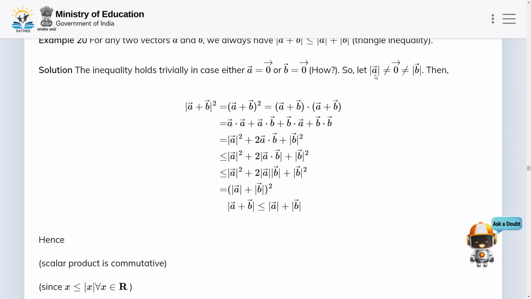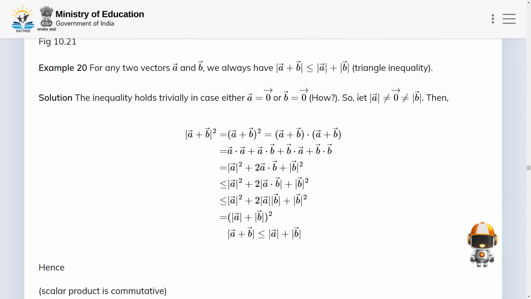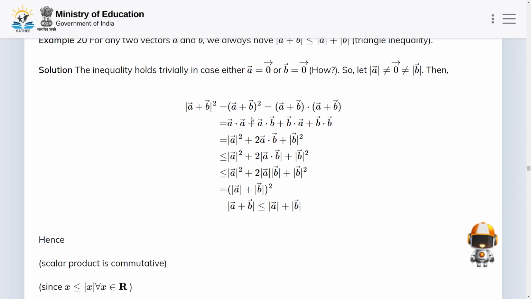Now we will assume that none of them are 0 vectors. If vector a is not 0 and vector b is not the 0 vector, then their magnitudes will also be non-zero. Then the square of the magnitude of a plus b will be the same as the dot product of a plus b with itself. Now use the distributive property.